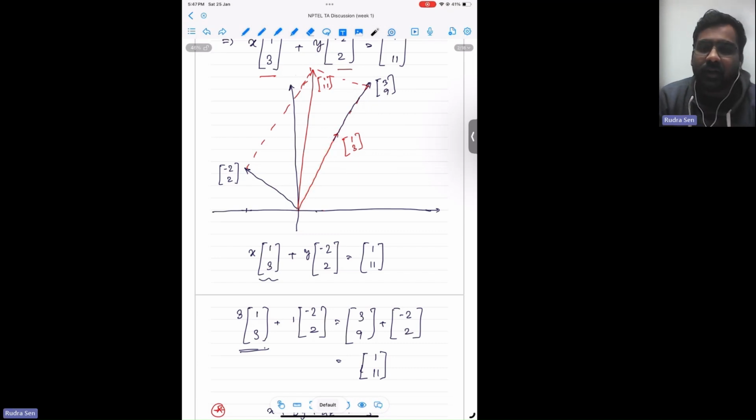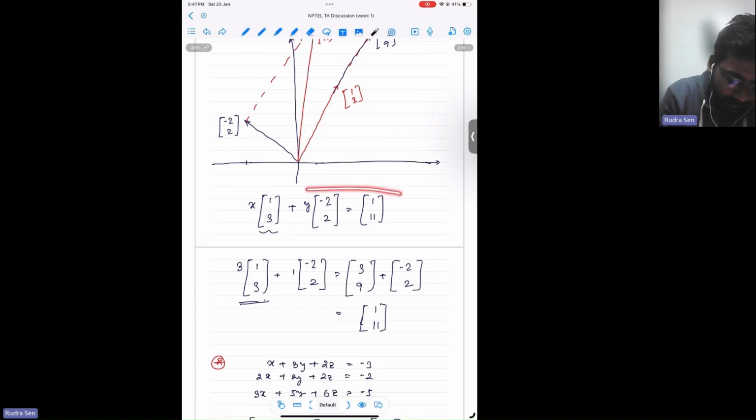As you have already studied in plus-2 levels, the vector addition gives a resultant vector. It would be something like this, and this is the resultant vector, which is 1 and 11. Now, how does this come up?